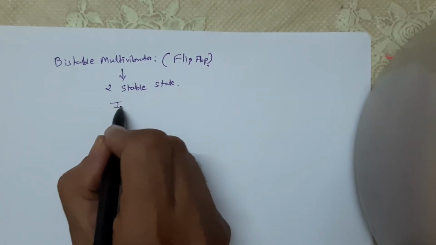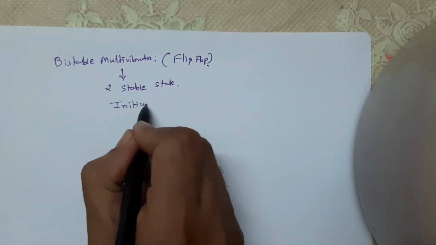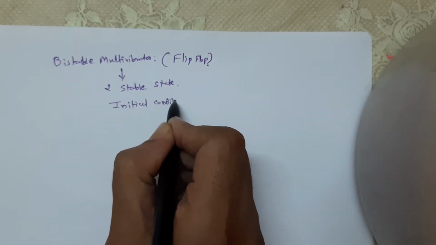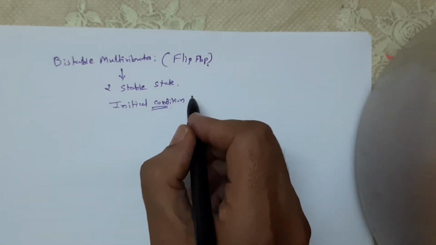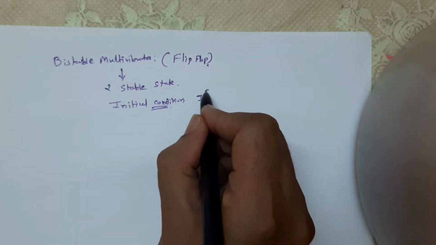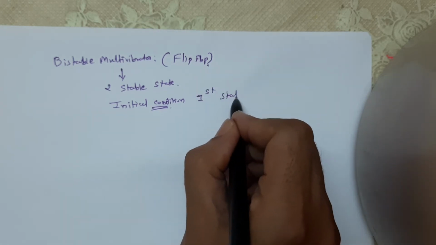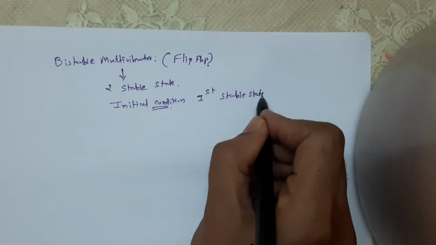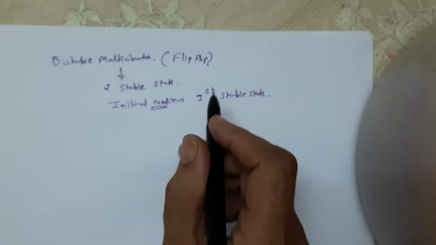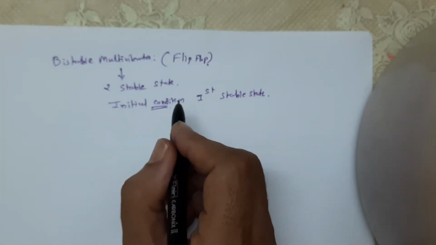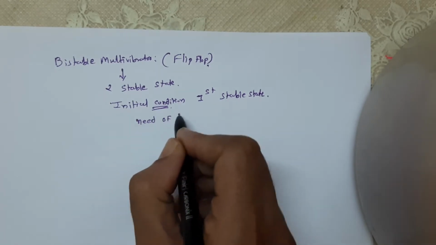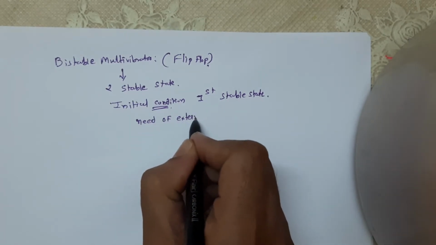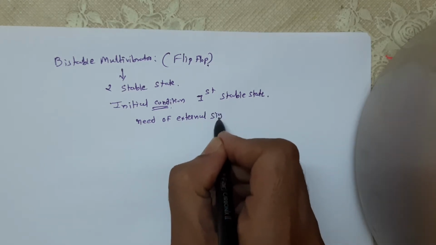So first, the initial condition: with the first trigger pulse, we get the first stable state. To convert to the second stable state, there is a need of an external signal.